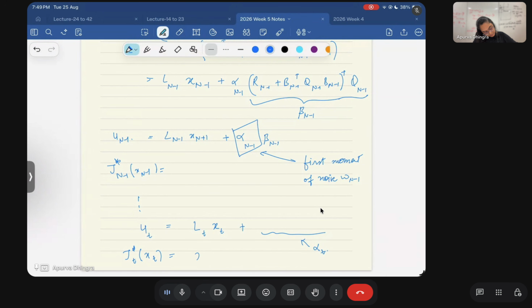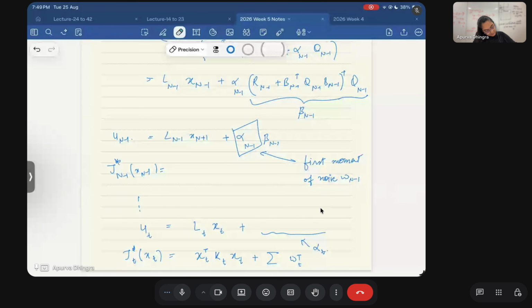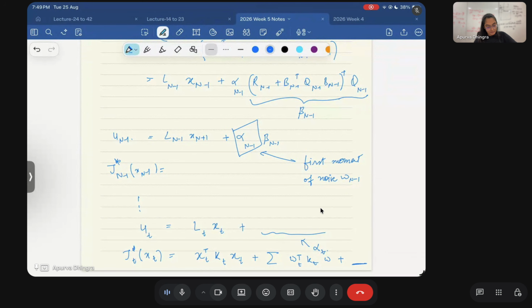The core terms are these ones: xt transpose kt, the Riccati equation, xt plus the sum of omega t qt, not qt, sorry, kt omega, plus possibly other terms that are due to this alpha t. Whatever time steps we have considered. So maybe if we're starting from 0, so 0 till that.